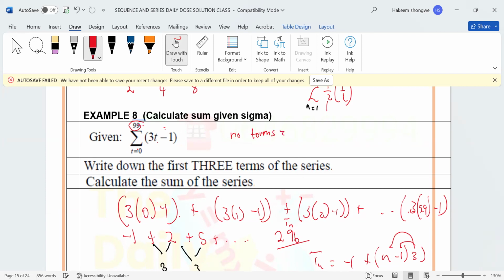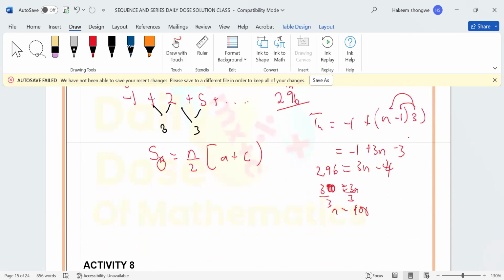What is the top one? 99 again. 99 minus the bottom one, whatever is written at the bottom. In this case, it's 0, and then plus 1. It's top minus the bottom plus 1. So you will decide which one is best for you. But top minus bottom plus 1. And then we look for S100, which is going to be 100 over 2.